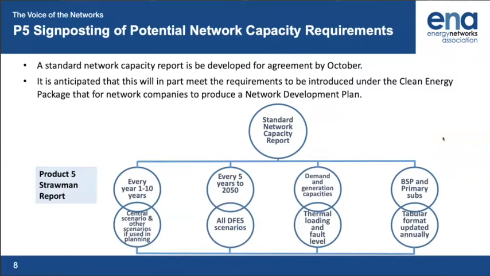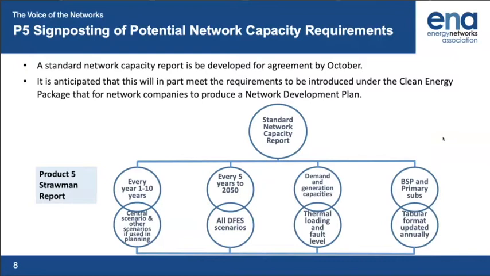So this is what Jill and the team are currently working on, really as a standard report. So they're referring to it as a standard network capacity report. It's a straw man. On the left-hand side, you can start to see what the report is trying to do.